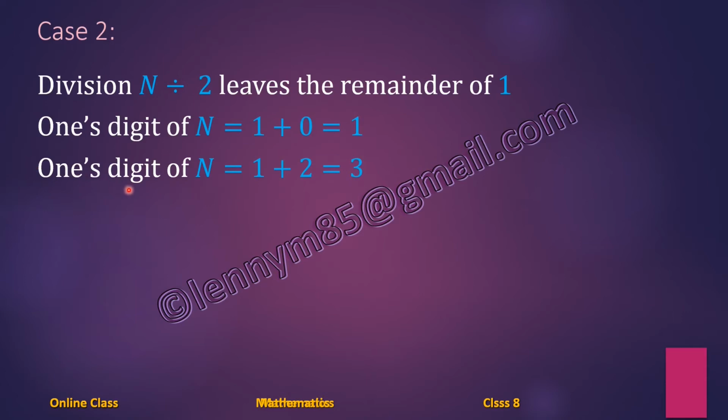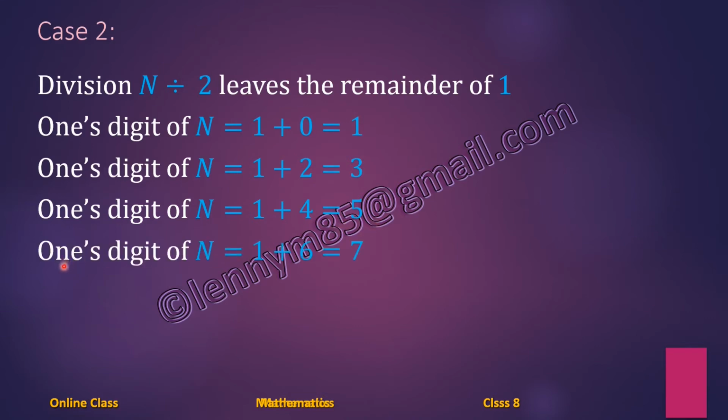Or ones digit of n is equal to remainder 1 plus 2 is equal to 3. Or remainder 1 plus 4 is equal to 5. Or remainder 1 plus 6 is equal to 7. Or remainder 1 plus 8 is equal to 9.